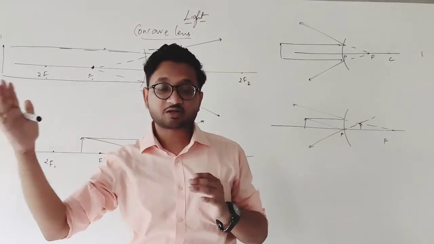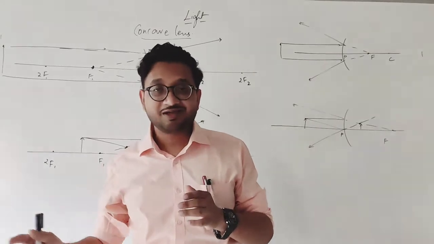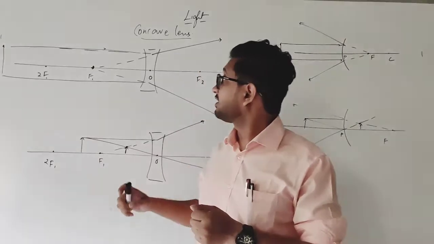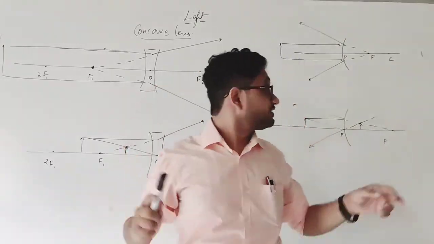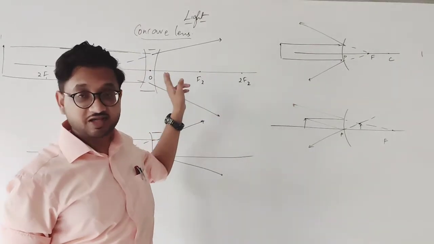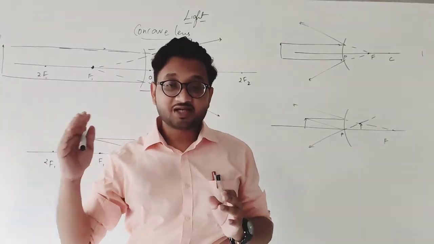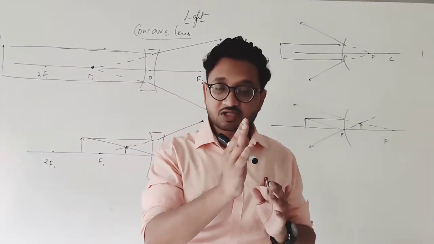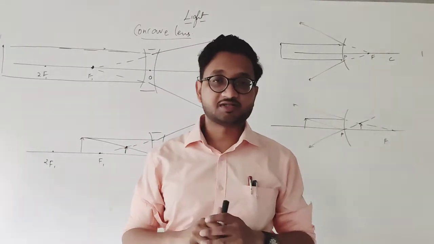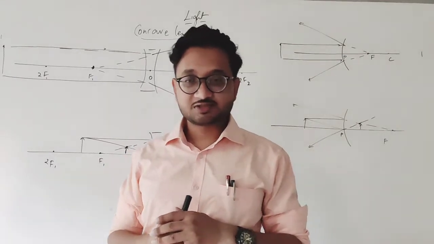And in the case of diverging mirror and diverging lens, that is convex mirror and concave lens, when you bring the object closer, the image also comes closer and closer to the mirror or lens, and it will always remain diminished. Okay? I hope it is clear to you, students.